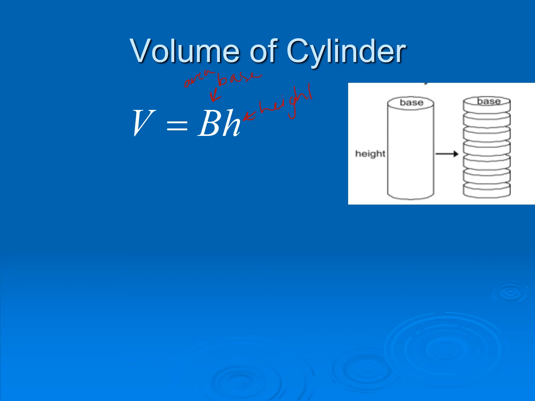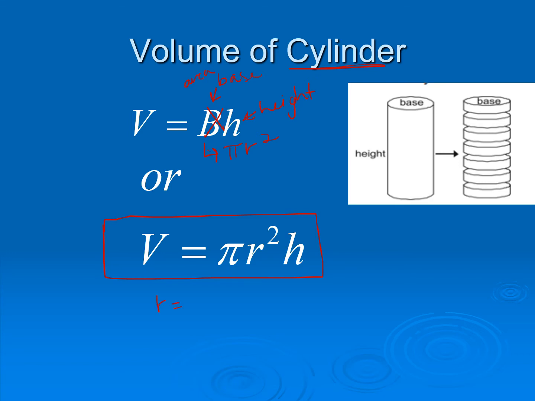But a cylinder is always going to have a circular base. So instead of using just big B, we can use the area formula for a circle, which is pi r squared. Instead of using the first formula, which you still can use if you like, for cylinders we use this formula because every base of our cylinder is going to be a circle.